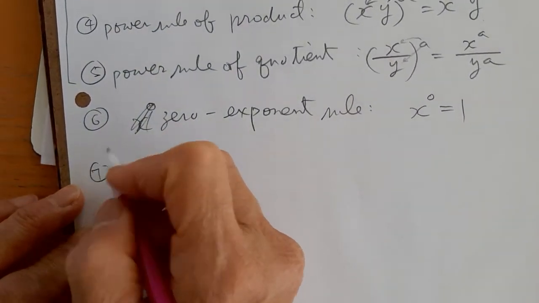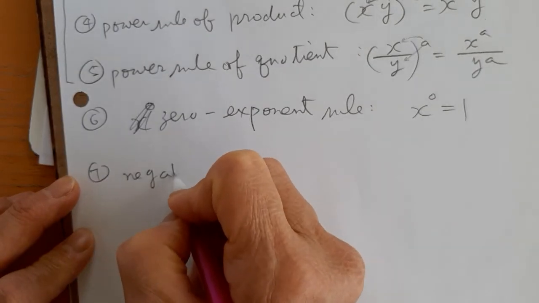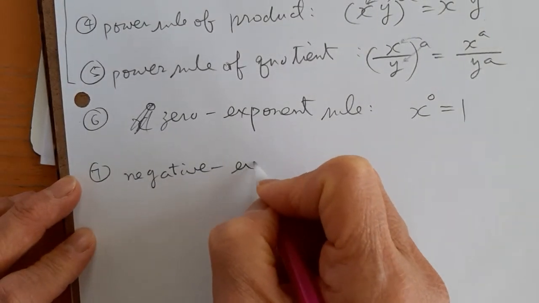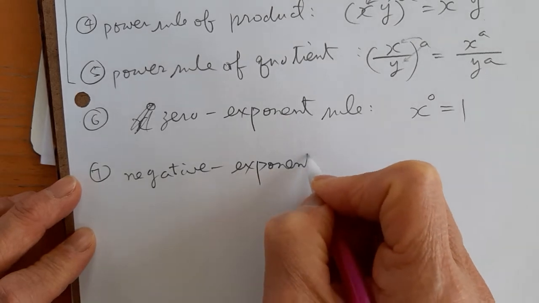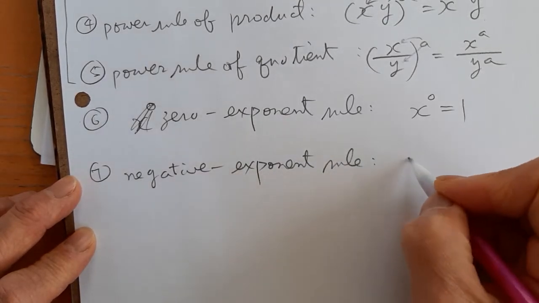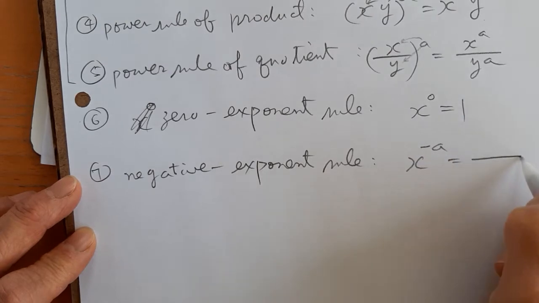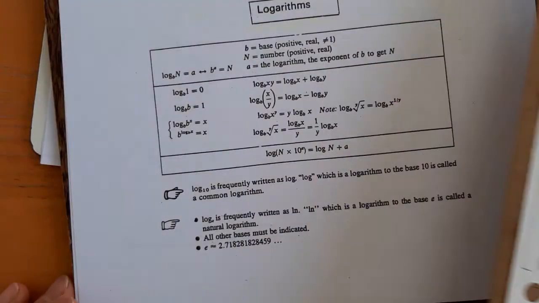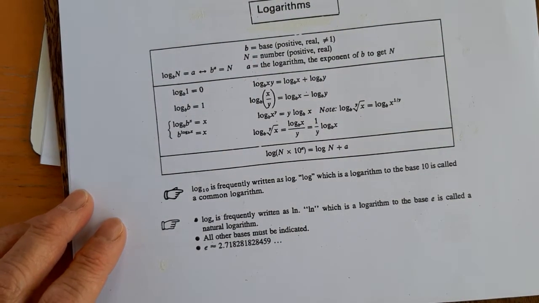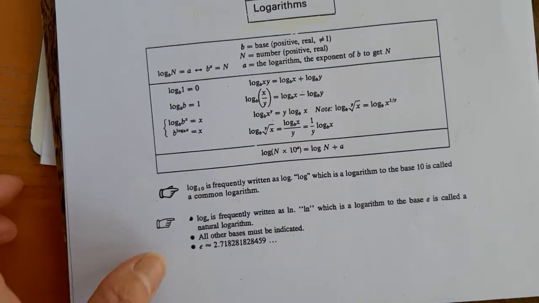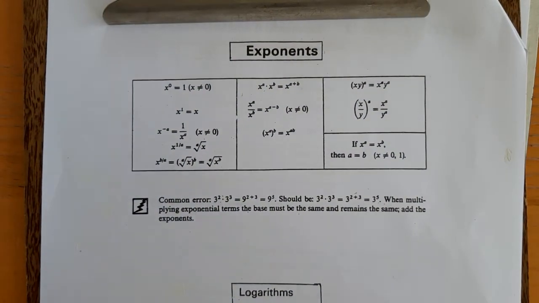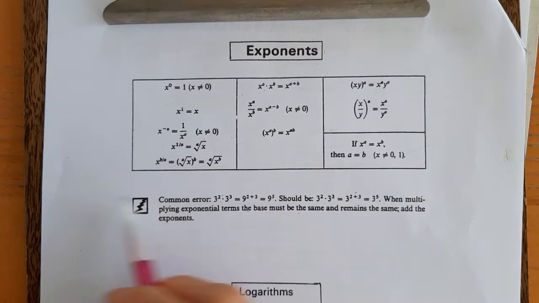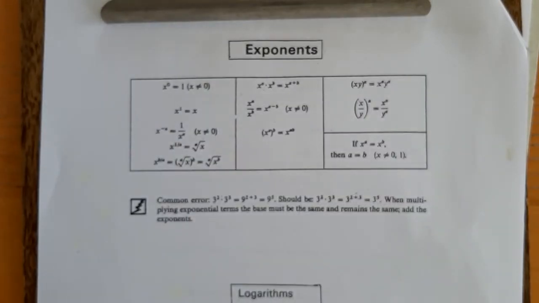And number 7 is the negative exponent rule: x to the power negative a is 1 over x to the power a. Those are the 7 rules for exponents.